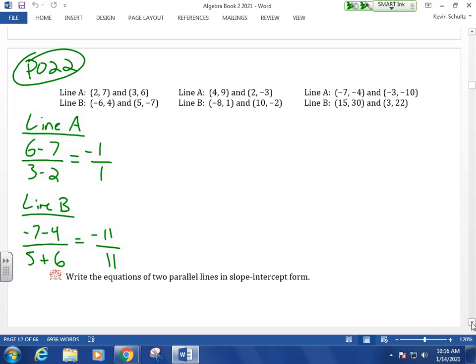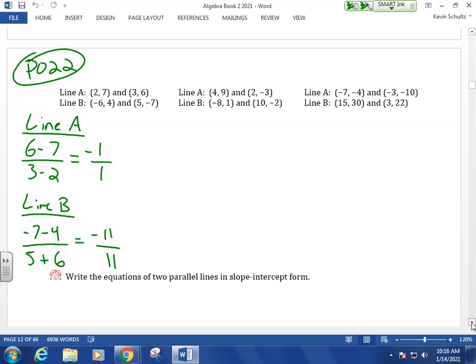Neither? Why neither? Just because they look neither? Oh, it's parallel? Why parallel? Because they both equal -1, right?